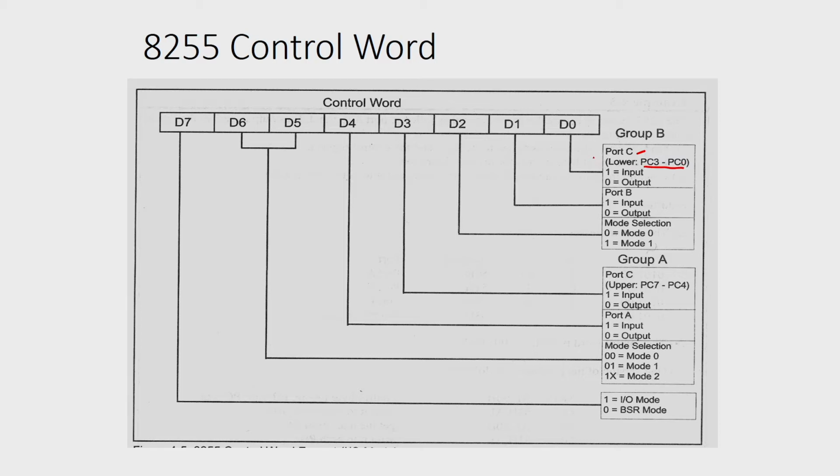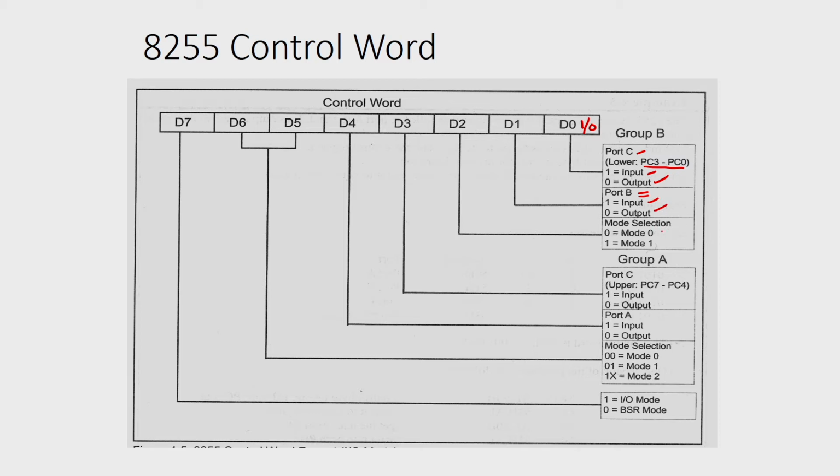If you make this bit 1, it will act as an input port. If I make it 0, it will act as an output port. The next bit is for selection of port B. Again the same thing, 1 means input port, 0 means output port.